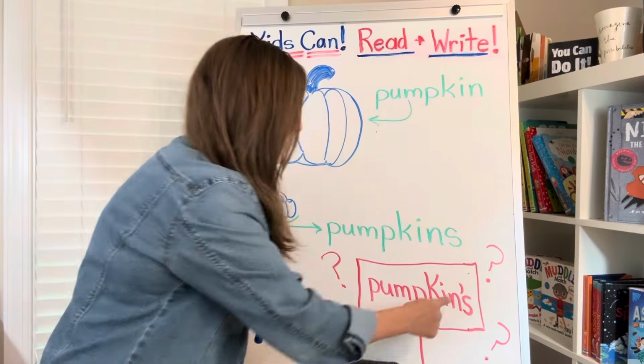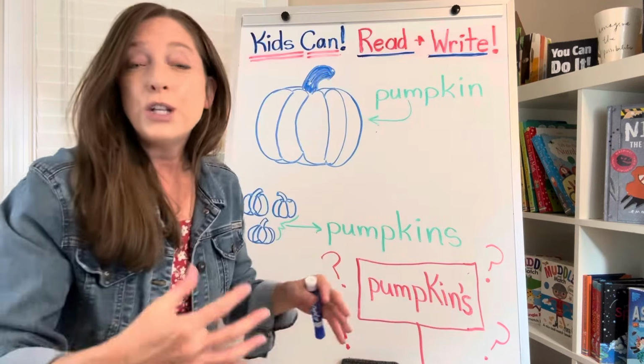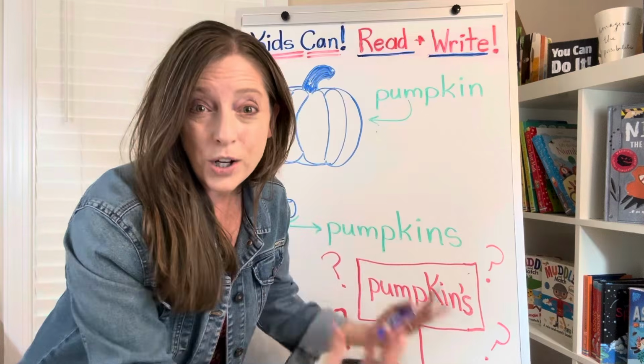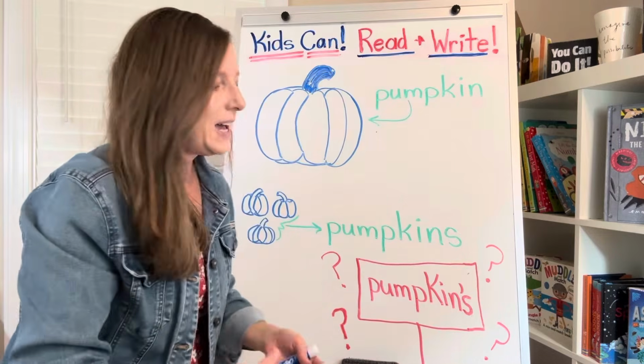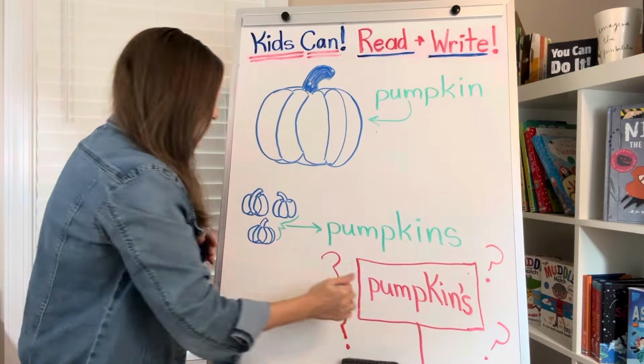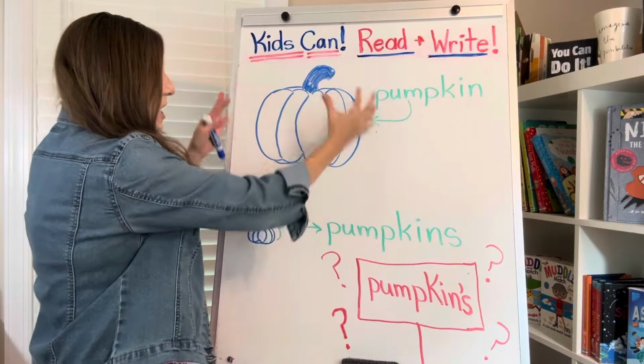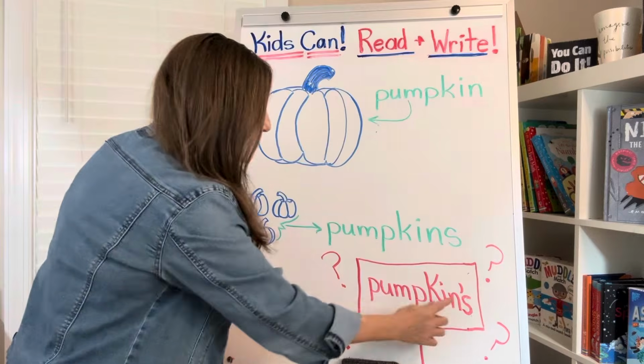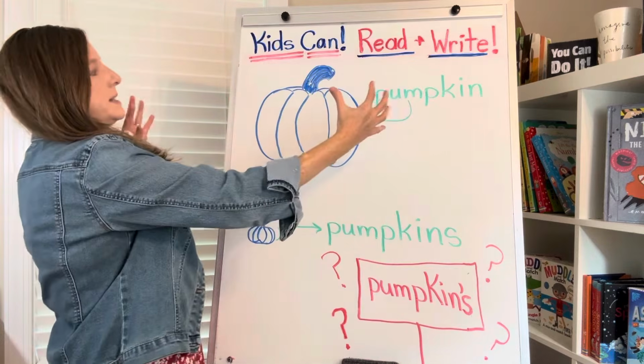Or you could be adding that apostrophe to show that something belongs to the pumpkin, like the pumpkin's stem, or the pumpkin's shape, or the pumpkin's size.